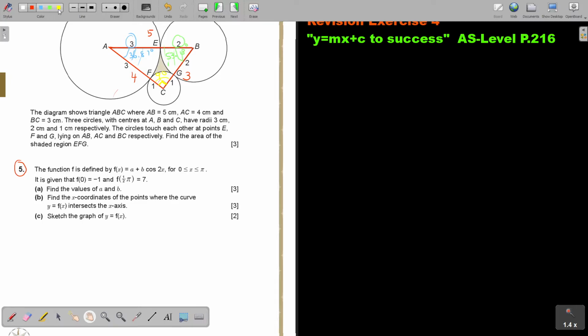So if I start with number 5, I will start with the function f is defined by this. There is the function. There is the domain. It's given. Okay, and now you're going to need the knowledge of the cosine graph. And you're going to have to bring a lot of connections in. But let's first start. And I will even show you a table also. Refer you to a table.